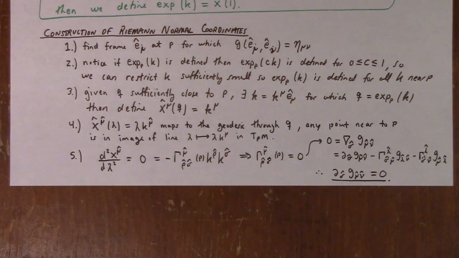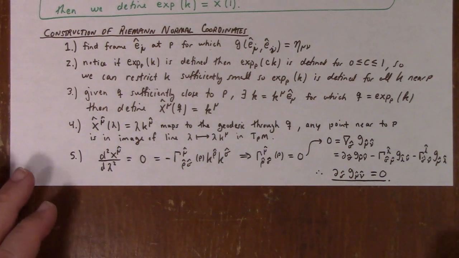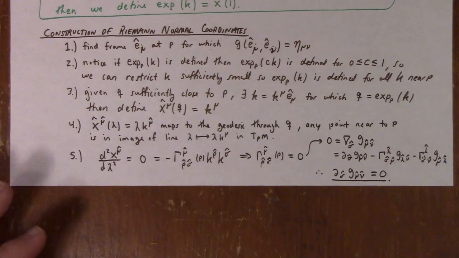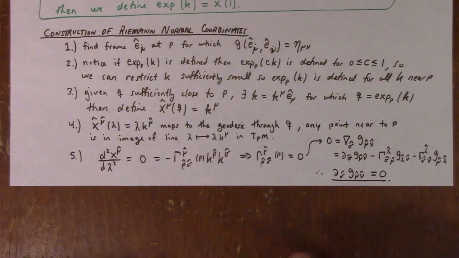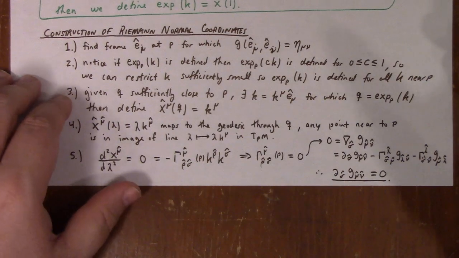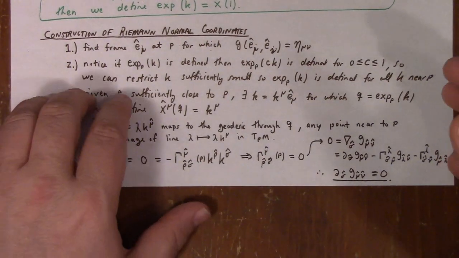You can always find a coordinate system at a point for which the components of the metric at the point are the Minkowski metric, and also the first derivatives of the metric are 0 at that point. That is a very useful system of coordinates. You'll see Carroll use this again and again to set up certain physical laws and to justify various constructions. It's common practice in general relativity to make use of these Riemann normal coordinates.